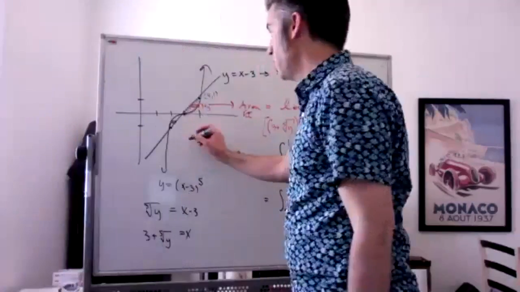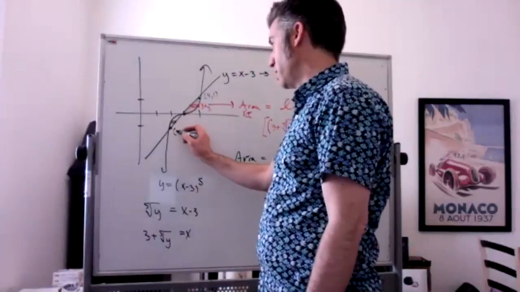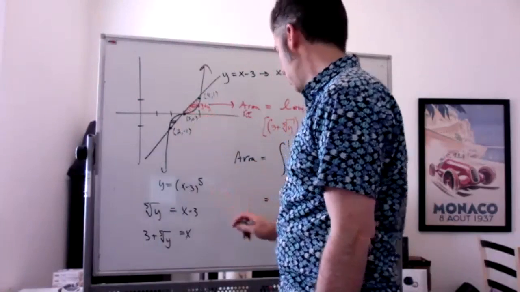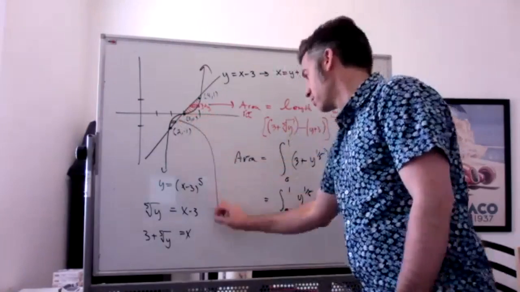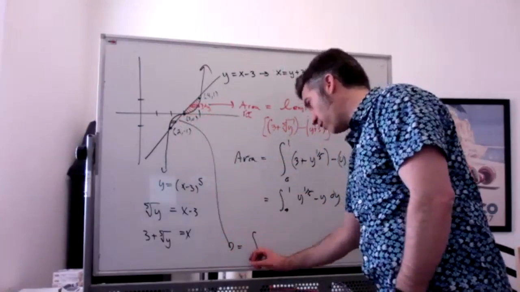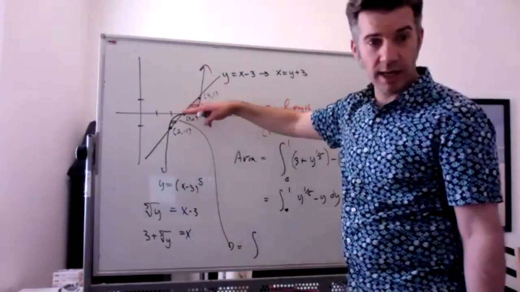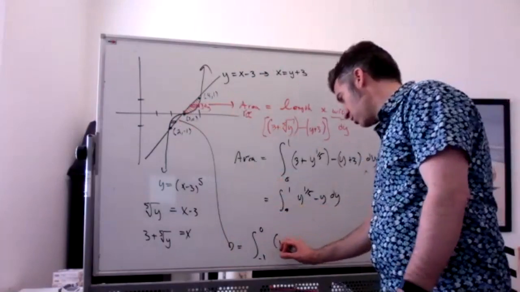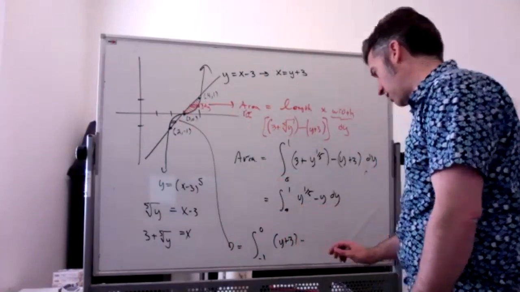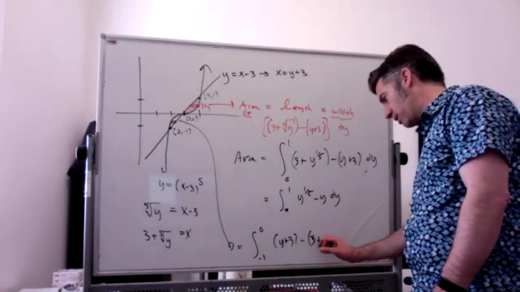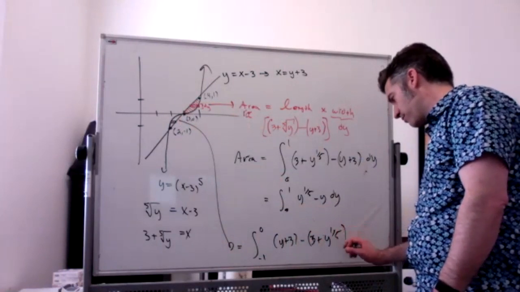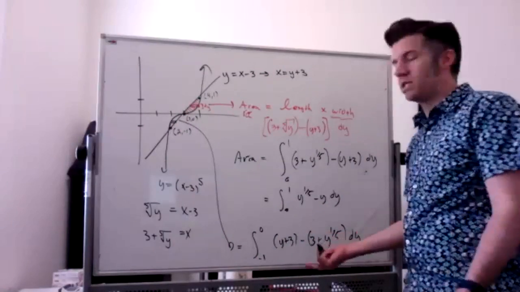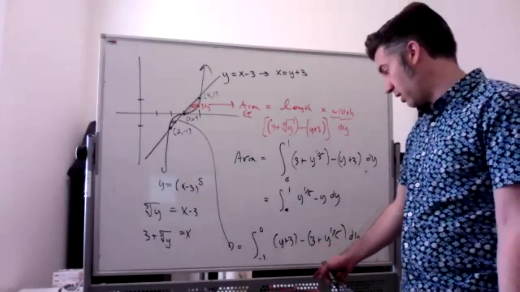So this region here, which goes from the point (2, -1) to the point (3, 0), is going to be the integral from -1 to 0 of the right function, y plus 3, minus the left function, 3 plus y to the 1/5, which simplifies to just y minus y to the 1/5.